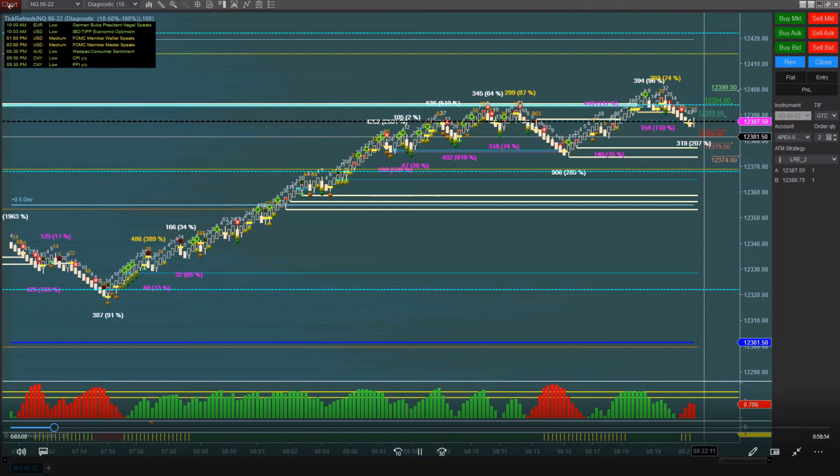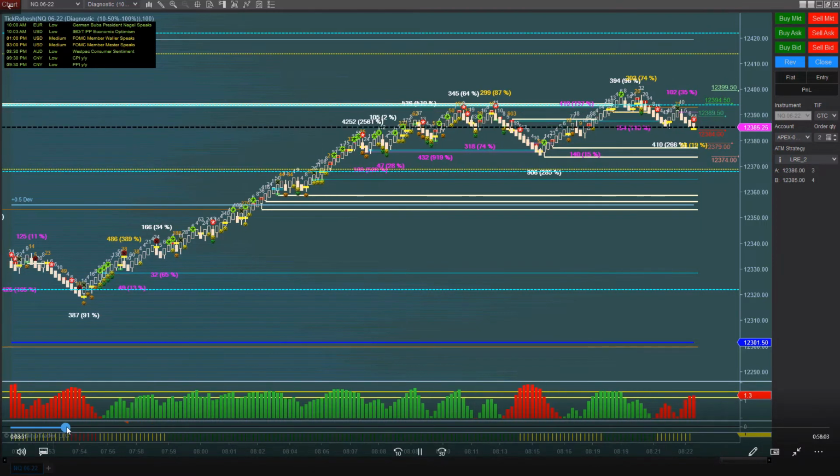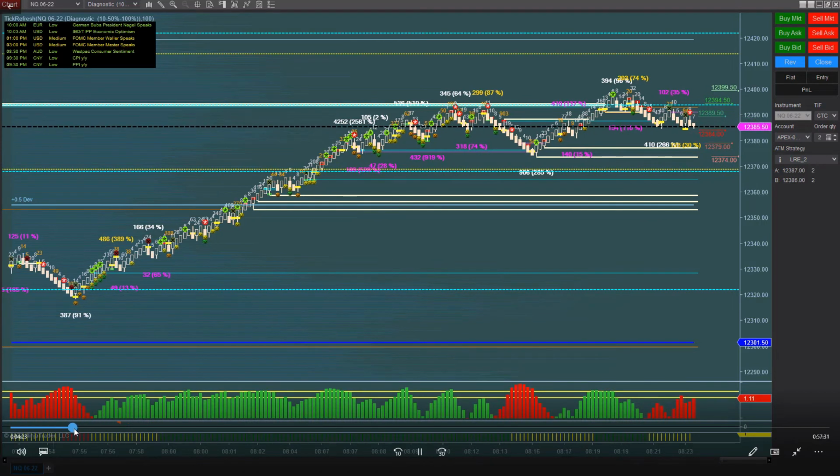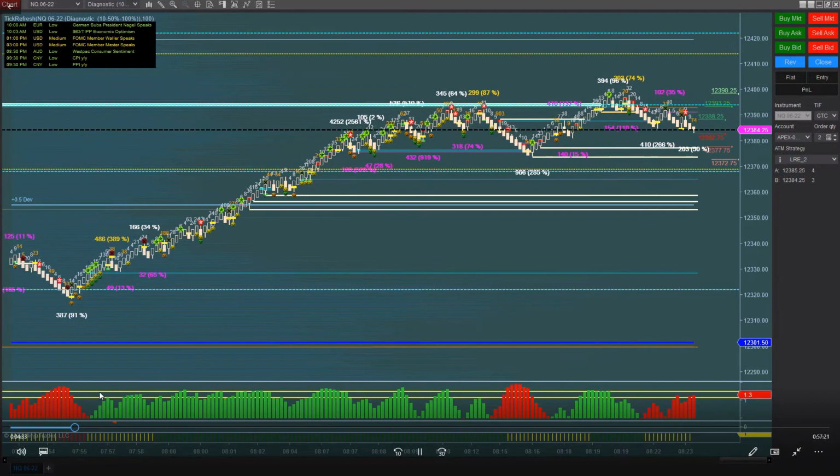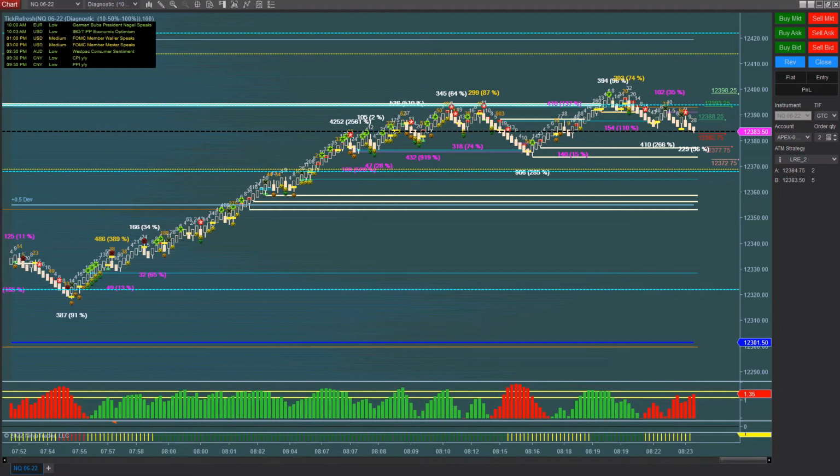So let's go ahead and fast forward it a little. Okay, so this is pulling down. And still waiting. See what the market's going to do.